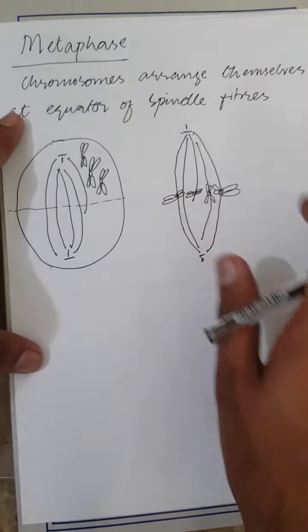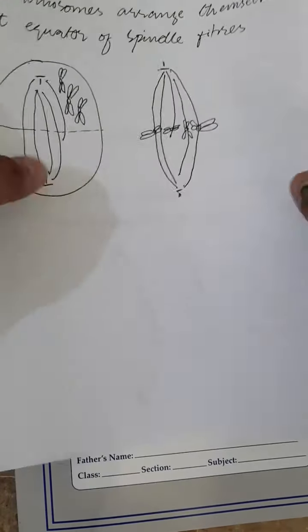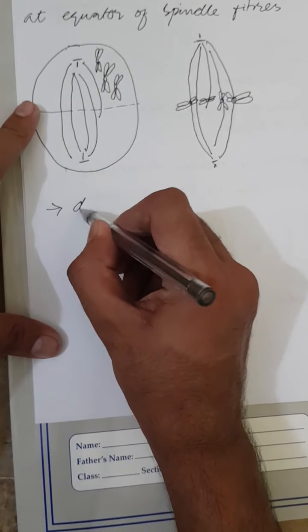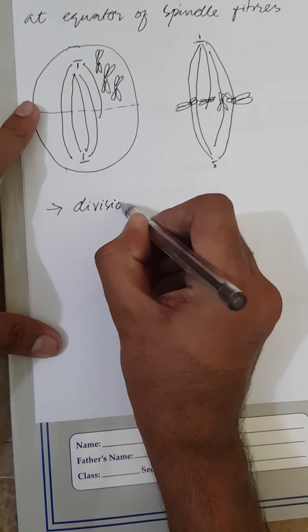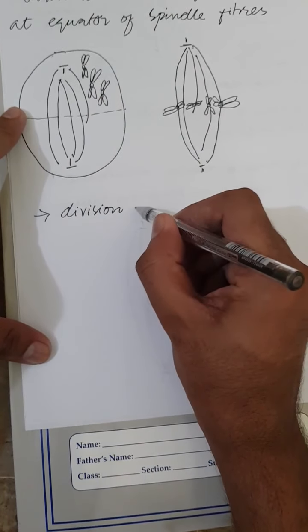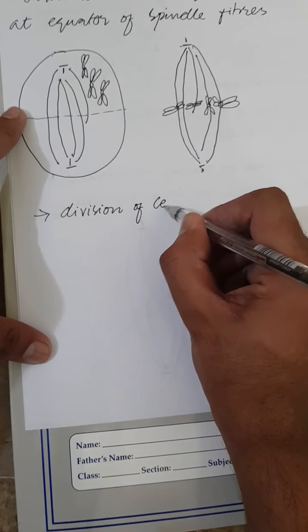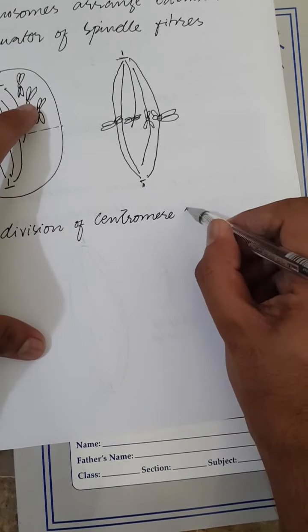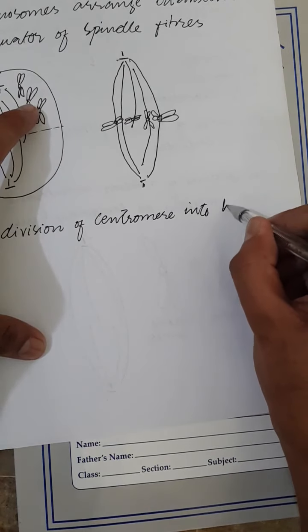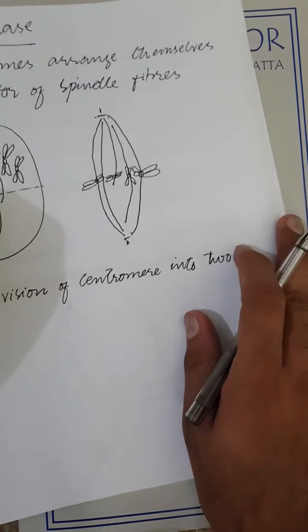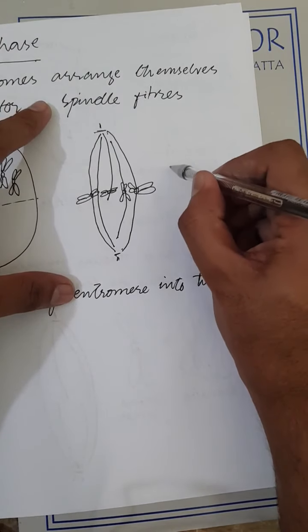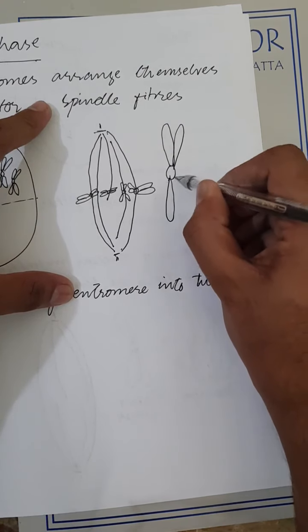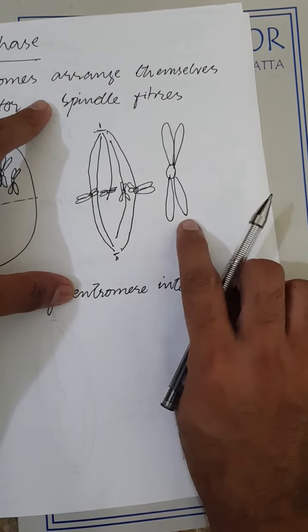The next thing in the metaphase that will happen is that the centromere will also divide. Division of centromere into two. If we look at a chromosome, this is called a mature or a replicated one.